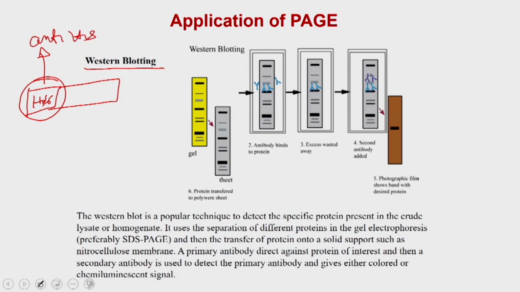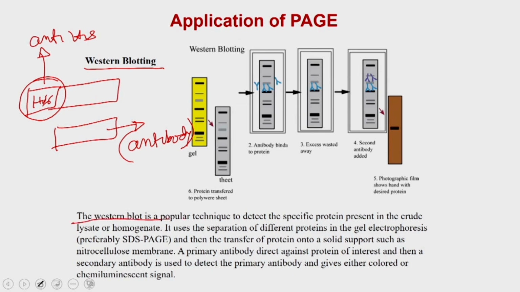Similarly, it could also be possible that you do not have the tag, but you have antibodies for the protein you are producing. The prime requirement of this approach is that you should have the antibodies to detect the protein you would like to characterize, because that will be used as the analytical tool in this technique.